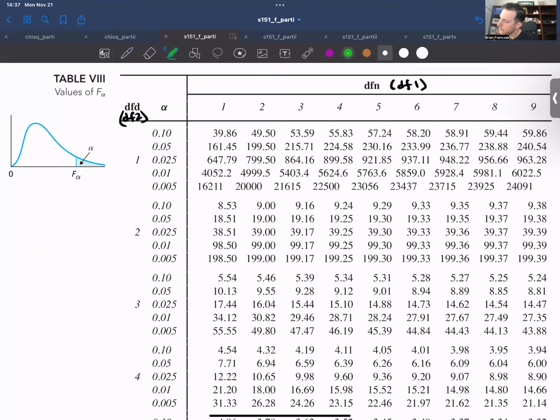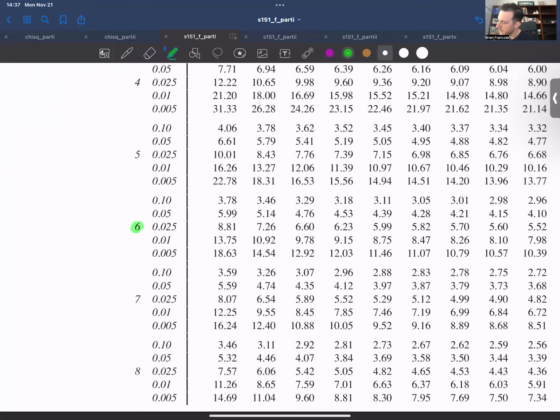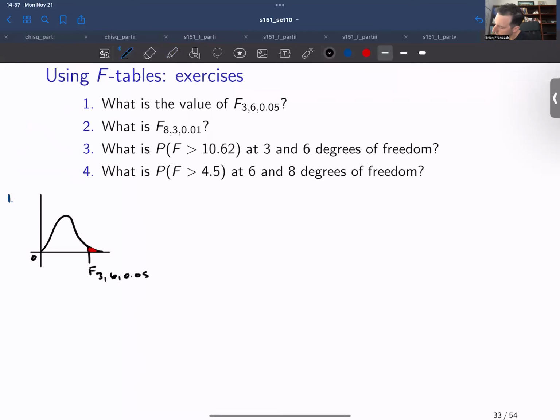So we have 3 in the first slot, 6 in the second slot, and then 0.05. That gives us a value of 4.76. So if this was a hypothesis test, we would have an F value on 3 degrees of freedom, 6 degrees of freedom, and the 5% significance level. So the critical value would be 4.76.